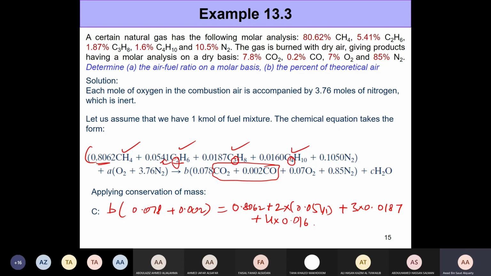Okay, now here the only unknown is B. All other things are just numbers. So when you solve for it, the value for B comes out to be 12.931. So we have found this one right here.